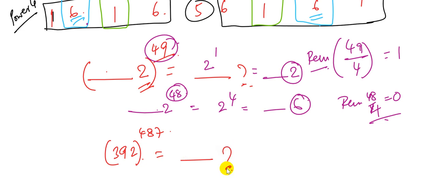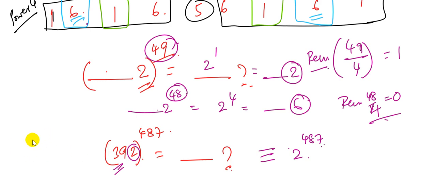When you are dealing with this kind of problem, ignore all the digits except the last digit, just ignore the rest of it. So, this is equivalent to 2 to the power 487. Clear up to here? Yes, sir. Ignore all the other digits except the last digit when you are looking for the last digit. So, this is equivalent to 2 to the power 487.